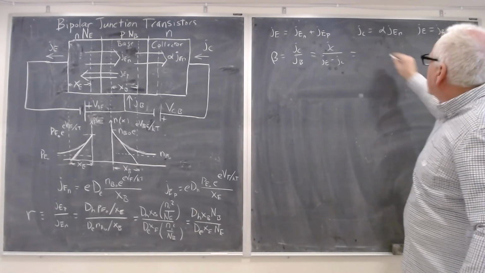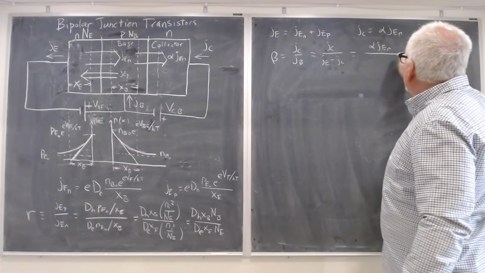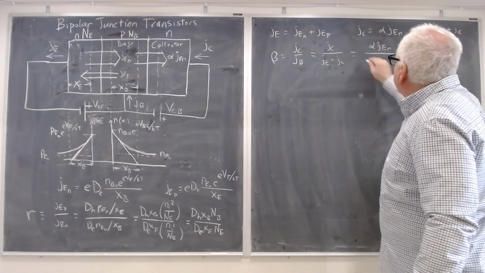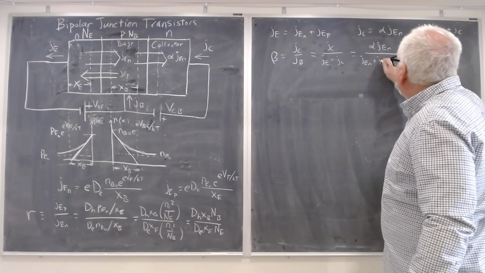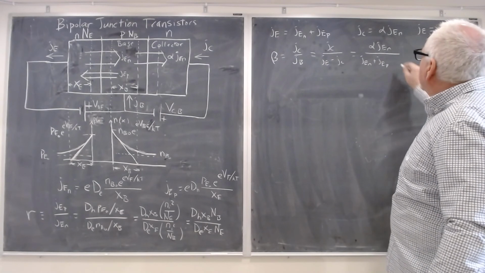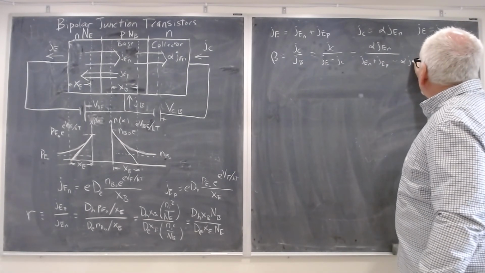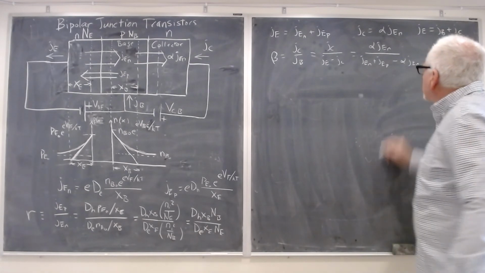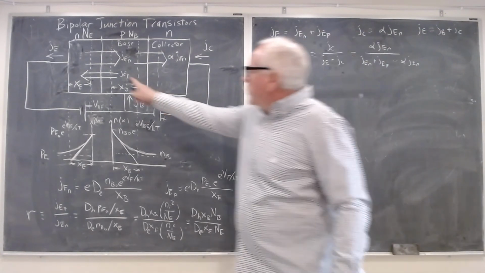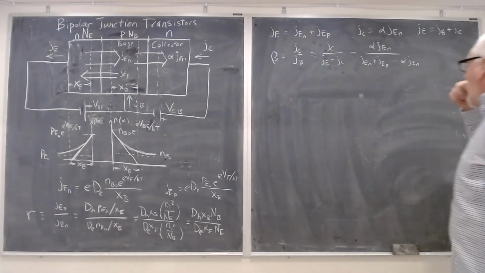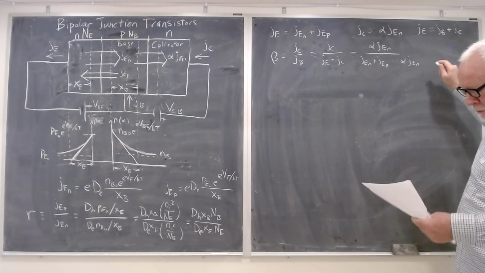Now I just plug in alpha JEN over JEN plus JEP minus alpha JEN. And so you see I've written it in terms of these two components here. And then I'm just going to divide out.